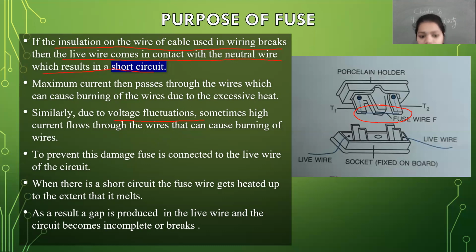As a result of the gap in the live wire, the circuit will become incomplete and the current will not pass. So our appliances will be safeguarded from short circuit or voltage fluctuation. So the purpose of the fuse is to safeguard our appliances.